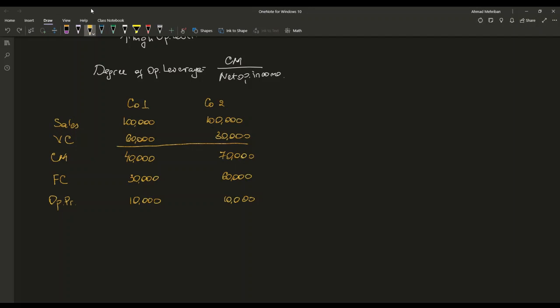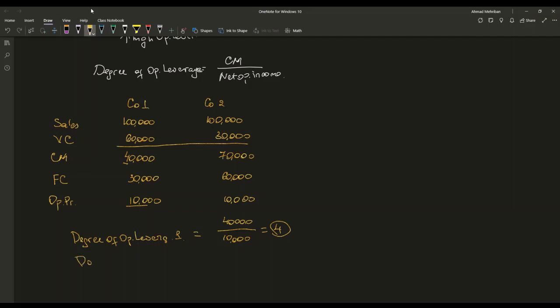Now, to calculate the degree of operating leverage for company one, it's the contribution margin, which is 40,000, divided by the net operating income of $10,000, which equals 4. So this is the degree of operating leverage of company one.